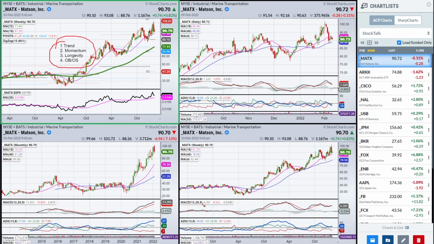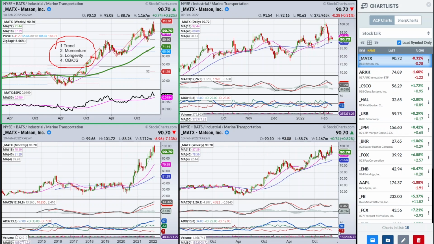And for longevity, for each time frame, you want to see how long the trend has been in place and how many signals have been in place since the last real correction or breakdown. That can be pretty helpful if a stock has made a pretty big move and has not really had any kind of a pullback for a while.